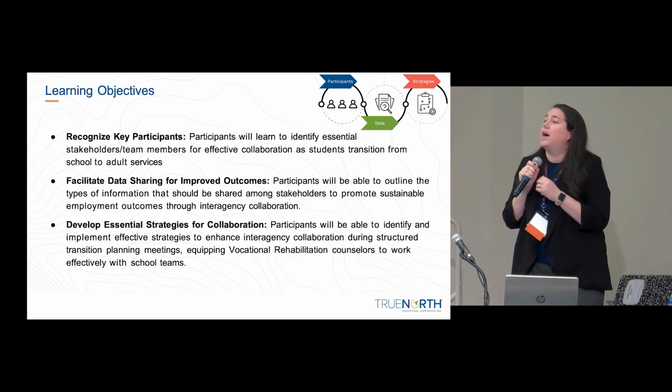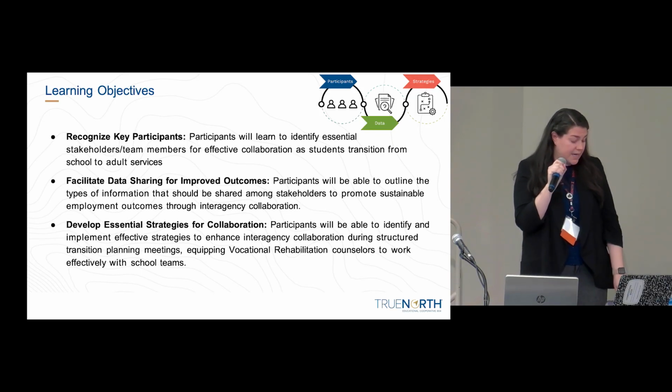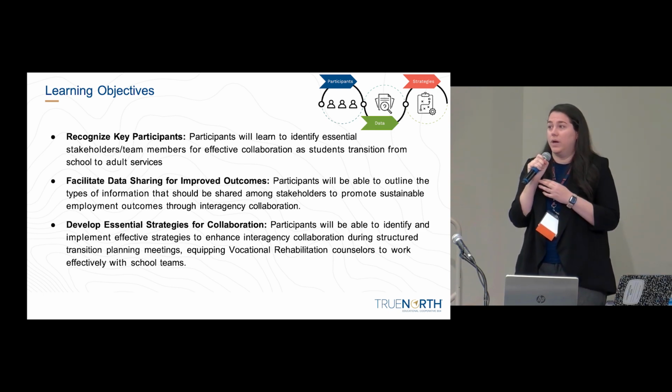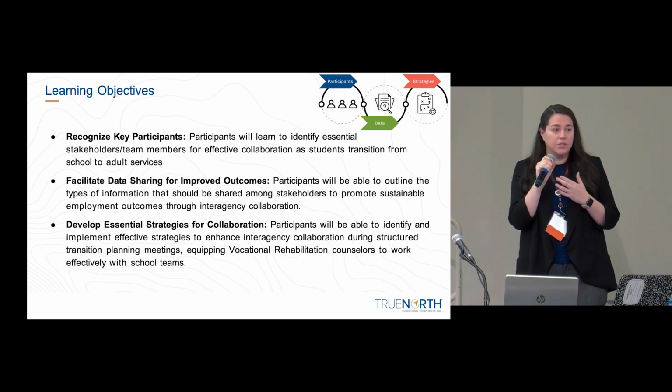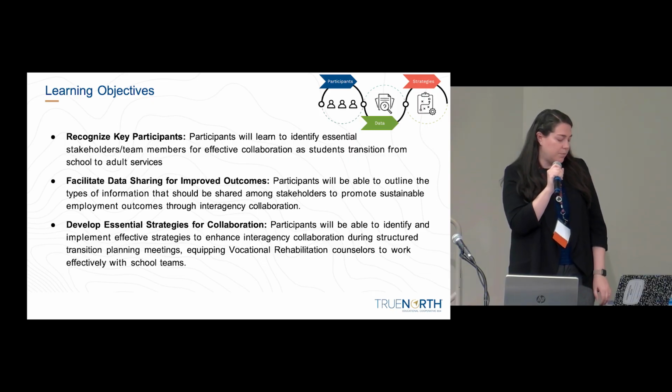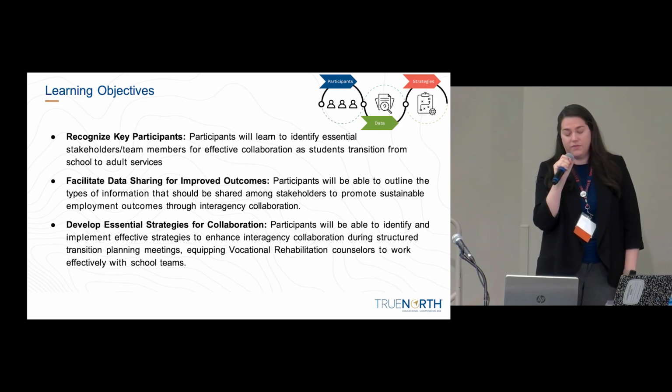So, our learning objectives today, like I said, Lynn is going to talk about recognizing some of those key participants. So we're going to be able to identify those stakeholders who are essential to furthering our mission of sustainable employment and positive outcomes for our students.